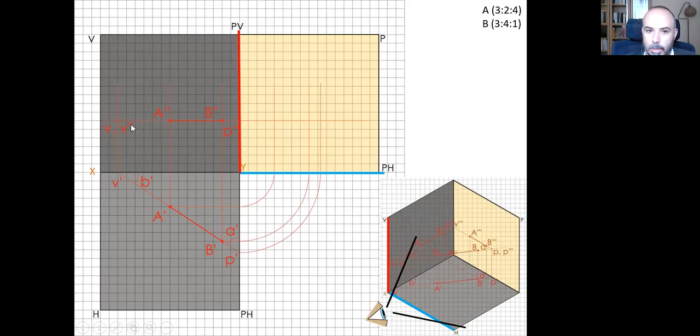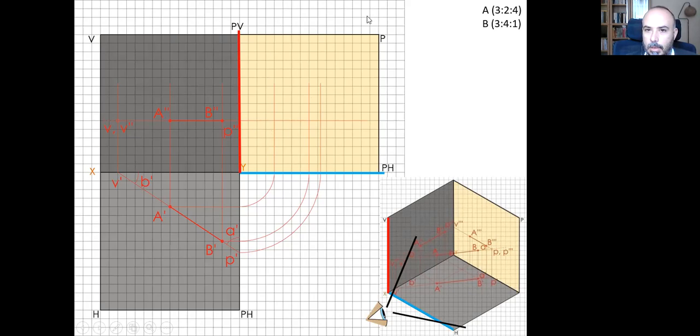The level, which I can transport from this part of the drawing, and intervals for both points, 2 and 4. And I can just transport it from here.